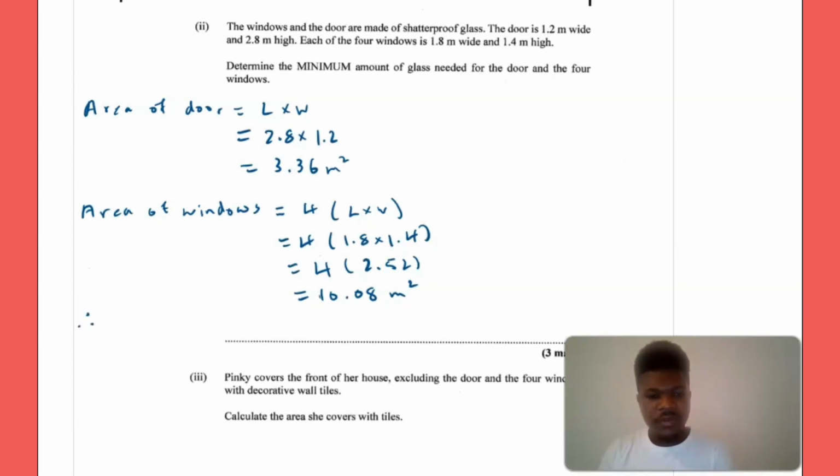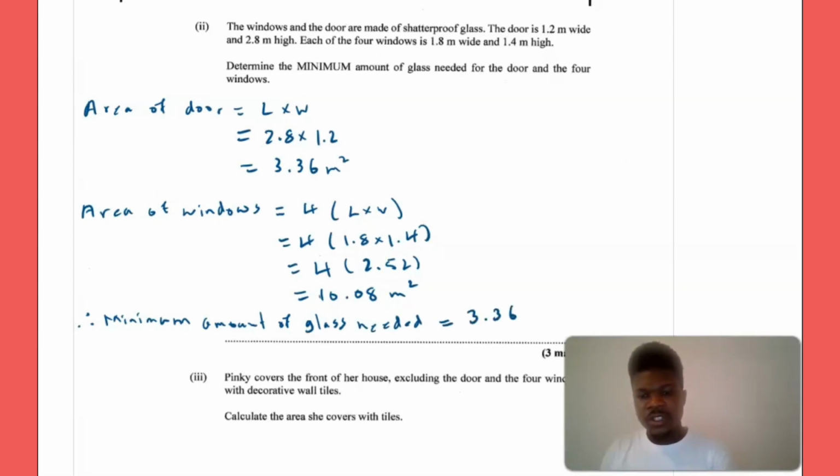So therefore, the minimum amount of glass needed is going to equal 3.36 plus 10.08, and this will give us 13.44 meters squared.